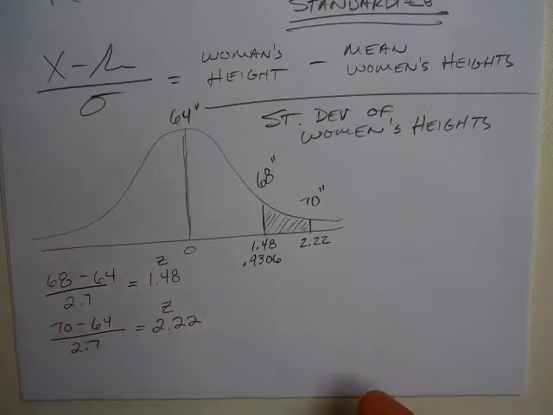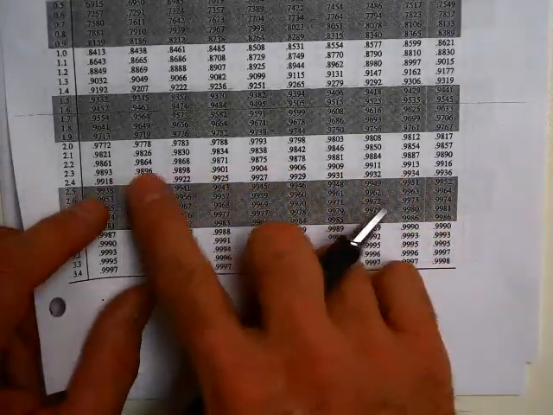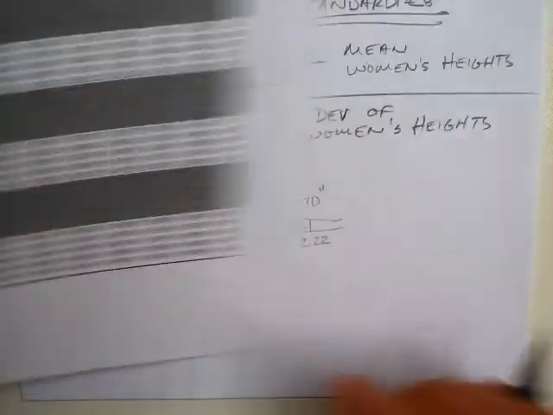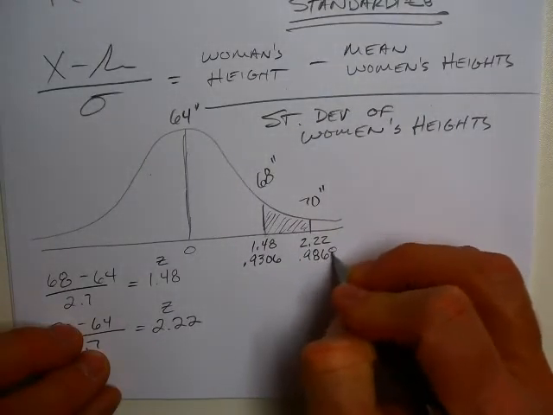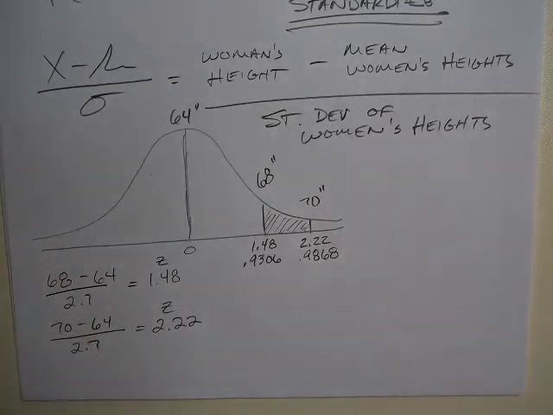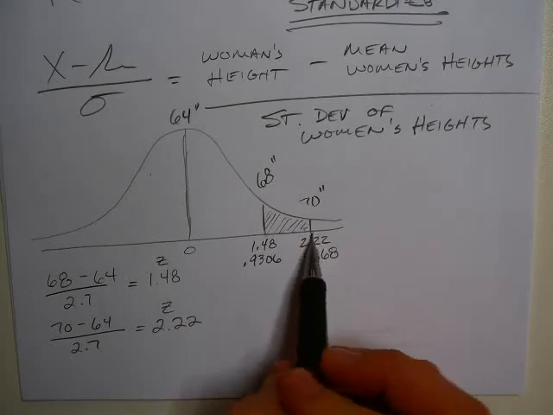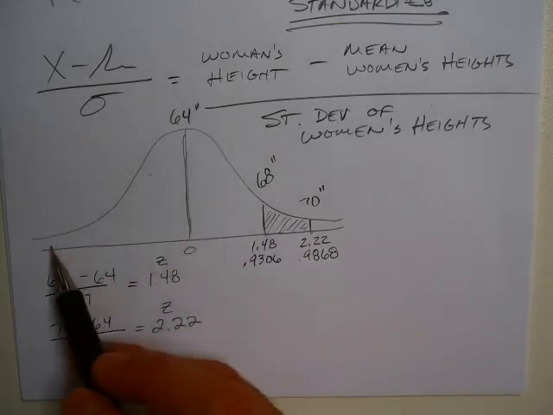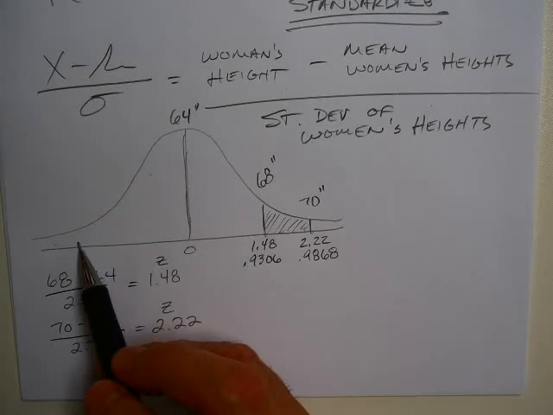And then 2.22, if I go to that one, that's 0.9868. So remember what these values mean. Almost 99% of the women are less than 70 inches, and 93% of the women are less than 68 inches.